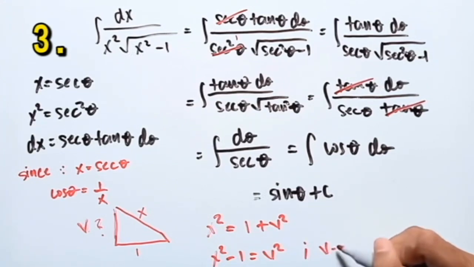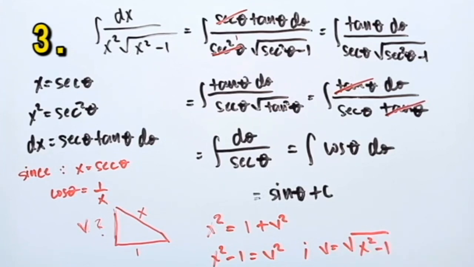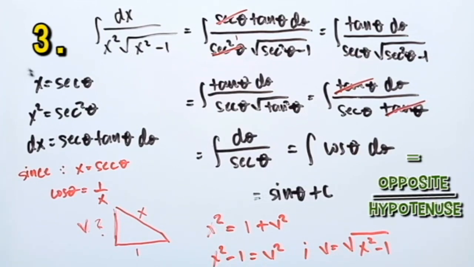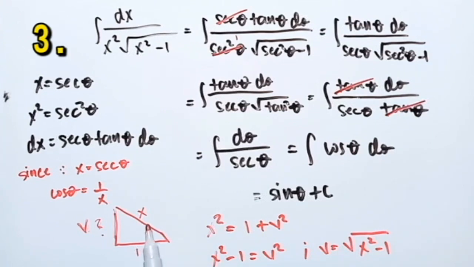And v is equal to the square root of x squared minus 1. Now we have the value of the opposite side, so we can get the value of sine theta, because sine theta is equal to opposite side over hypotenuse, because we have already the value of hypotenuse, which is x.